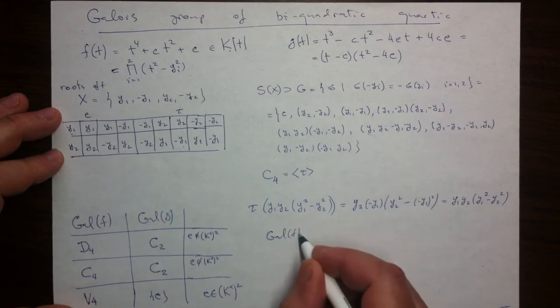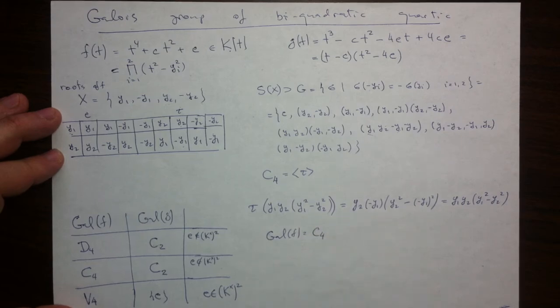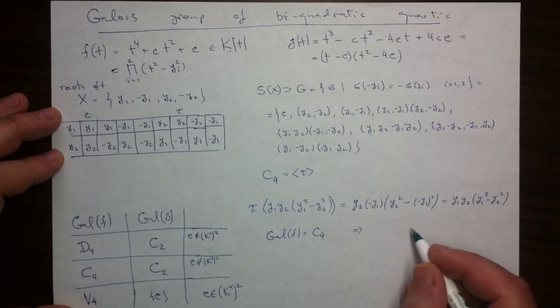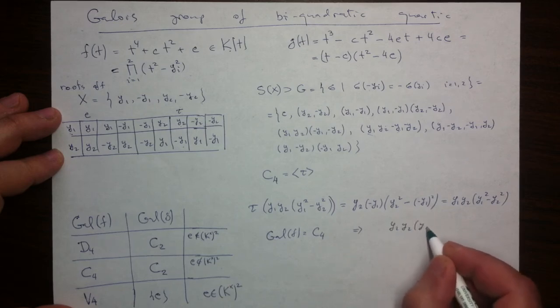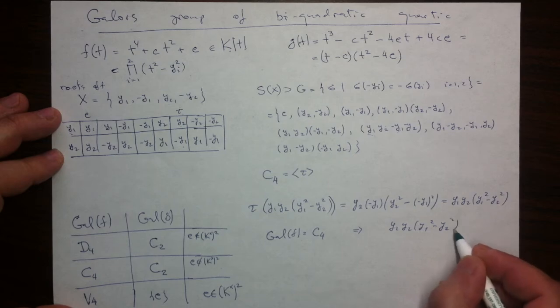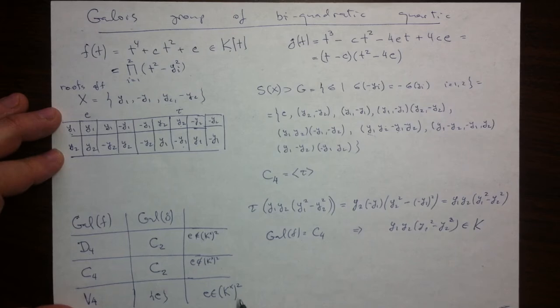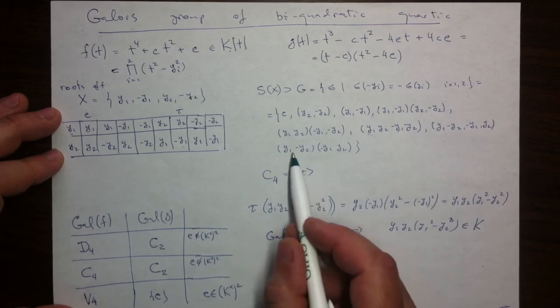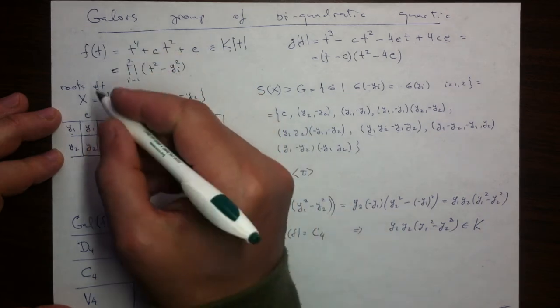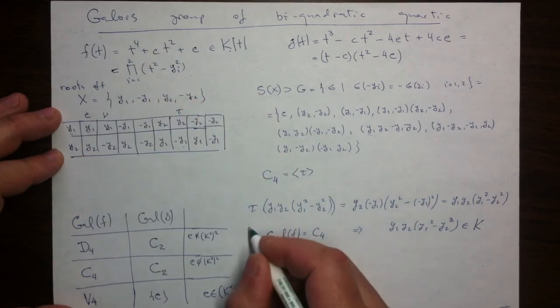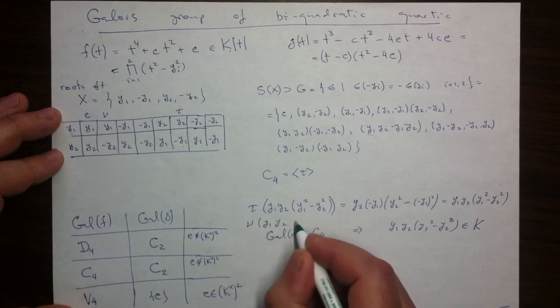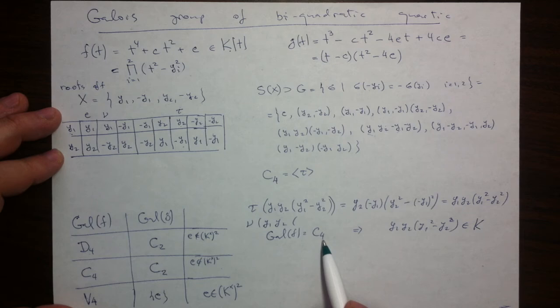If the Galois group of F is just a cyclic group generated by the 4 cycle, then this element is fixed inside the splitting field, and hence it should be a coefficient. And vice versa, it only happens when the group of symmetries is just the cyclic group of the 4 cycle, because if we take any of those transpositions, like the first one, call it nu, and see what happens with our element under this transposition. If we're not the cyclic group C4, then the only larger group we could have is the whole group.